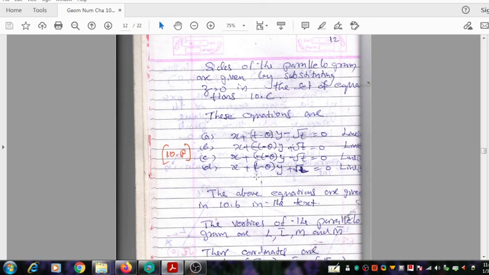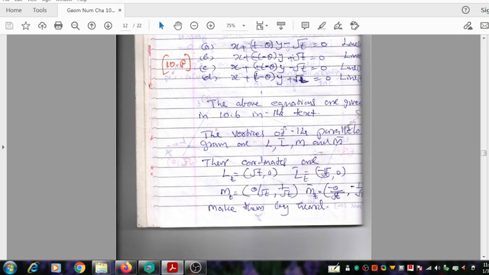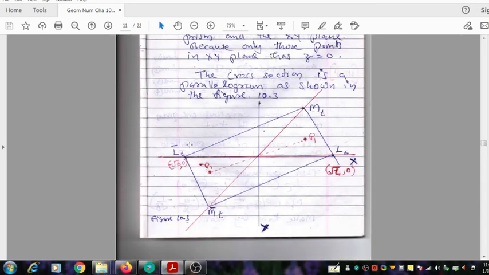That's a procedure which you have studied in your lower classes, so I think no further explanation is required, because it's a very simple calculation: calculating the point of intersection of two lines.